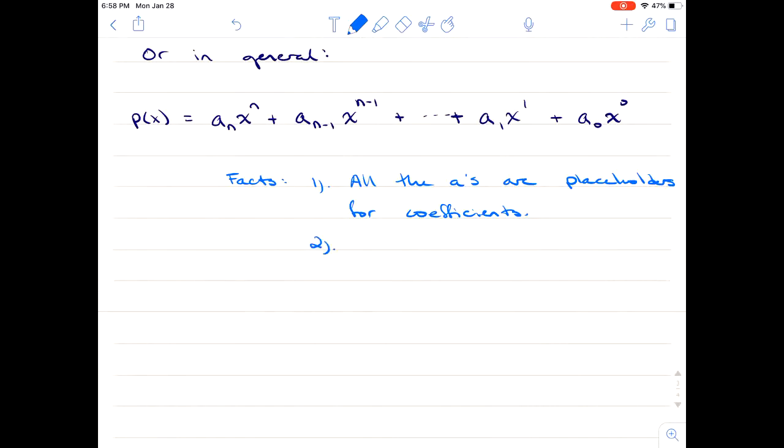Over here at the end, I've got a sub 0 times x to the power of 0. X to the power of 0 is just 1. In fact, anything to the power of 0 is 1.